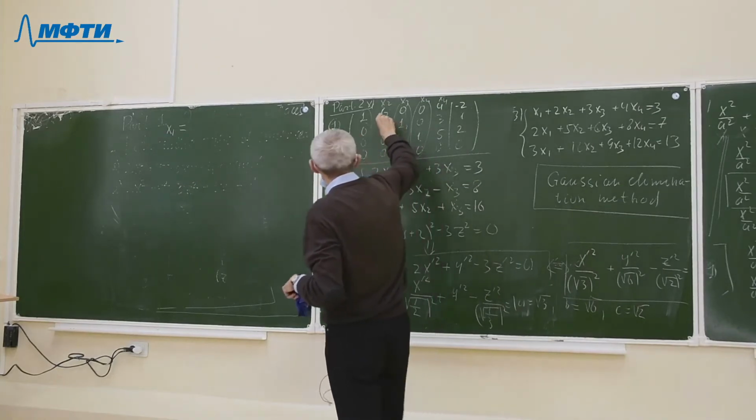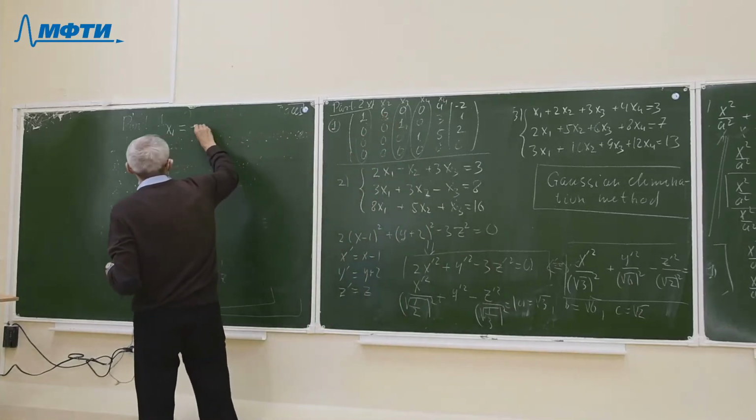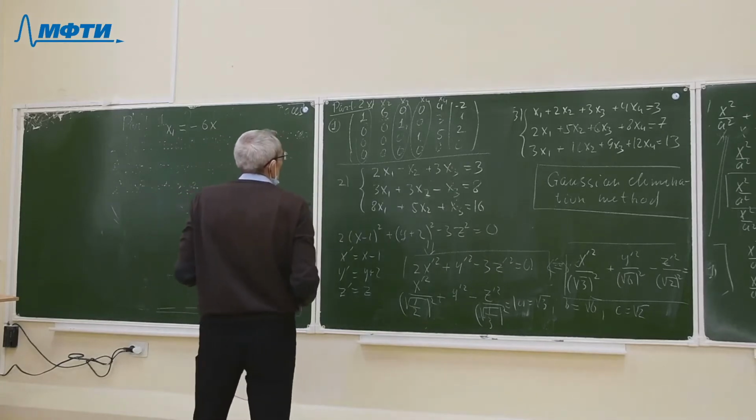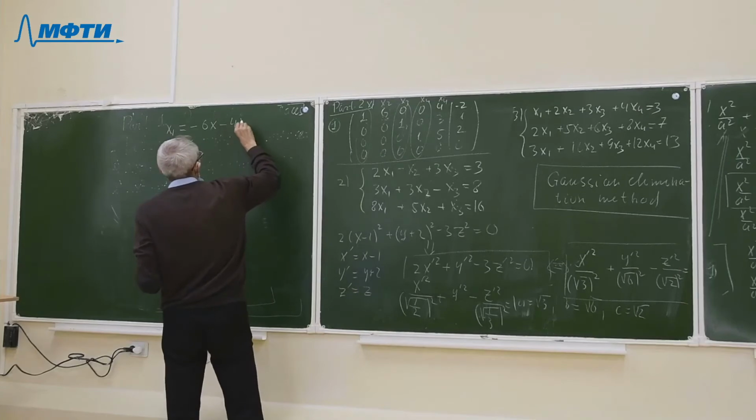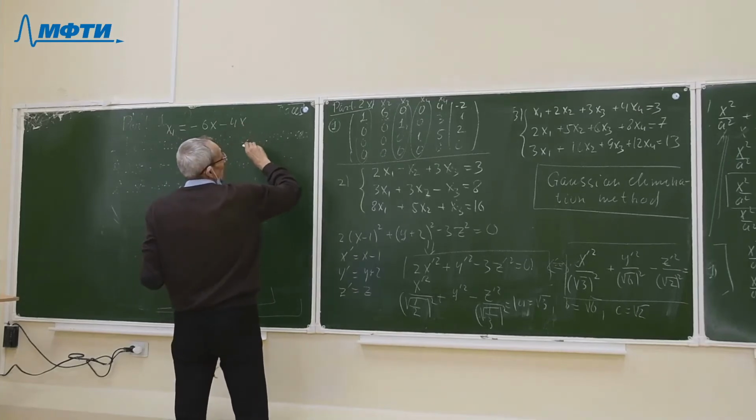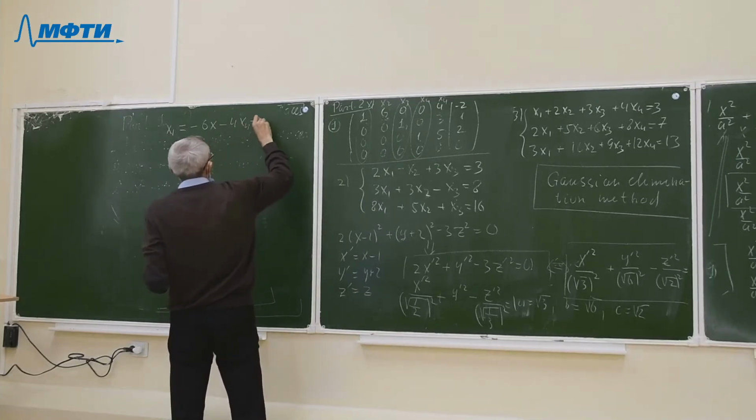We change the sign. We obtain x1 is equal to minus 6 x2 minus 4 x4 minus 2.